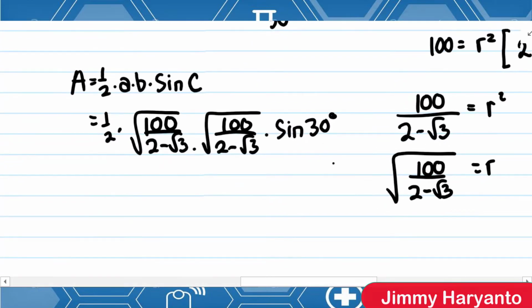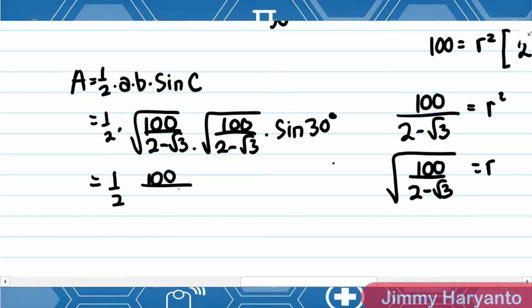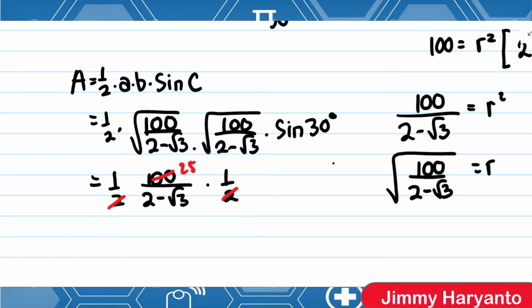Okay, after that, square root times square root will be gone. It will be 100 over 2 minus square root of 3 only, times sine 30 which is half. I can cross out this and this, and this equals 25. So I have this answer, but remember, you cannot leave the square root in the denominator, so you have to rationalize it by multiplying with 2 plus square root of 3.